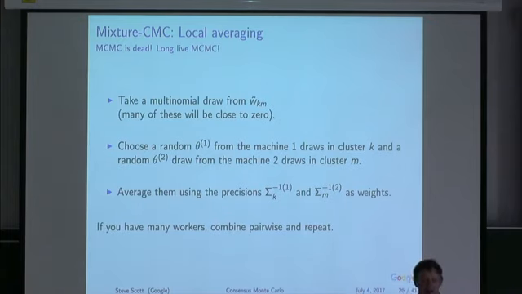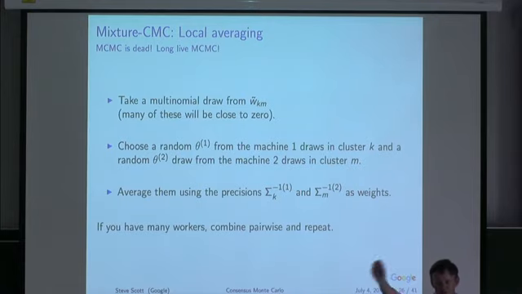But just like I had a procedure when I was doing averaging that worked for Gaussians, but would sometimes work even in a slightly broader setting, here I want to try and get some of that robustness out of this procedure as well, right? So what I want to do is use this product of mixtures in order to do local averaging. And what I want to do with the local averaging is take a draw from the mixing weights, right? So I've got this big grid full of things that I add over for my mixture model.